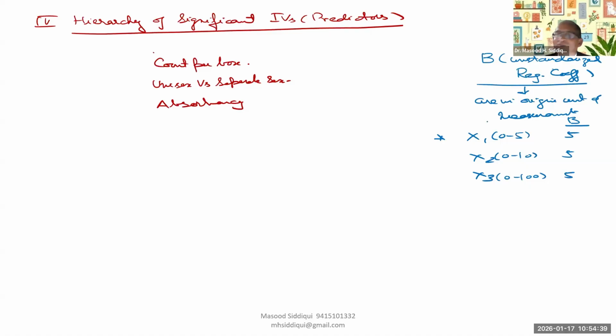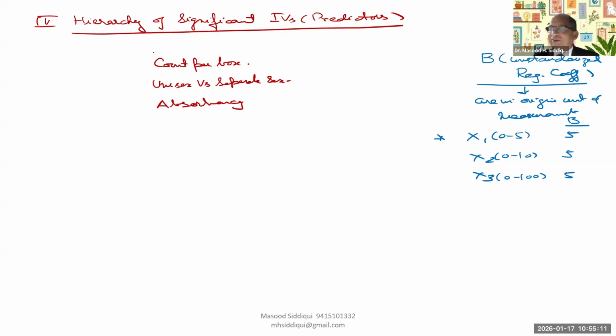But if you observe as per the scale, this 5 is at the top of the scale, so it is high. The second 5 is in the middle, so this is moderate. And the third 5 is towards the lower side, so it is a low value. So we don't incorporate the scale when we discuss the unstandardized regression coefficient, like in the output. I will be showing that. In the same way, we don't consider the unit, the scale, or how much variability is there.